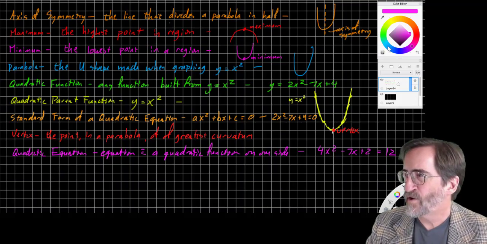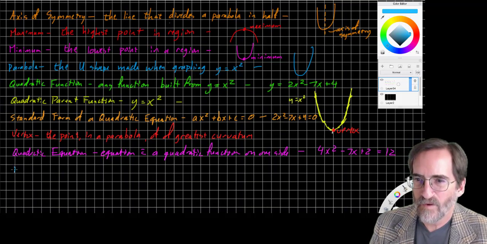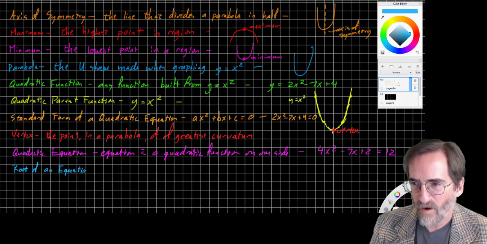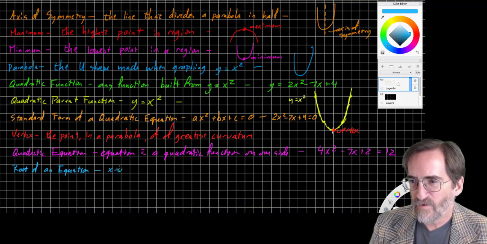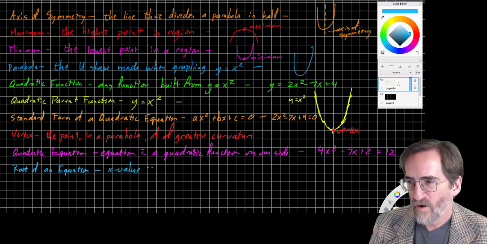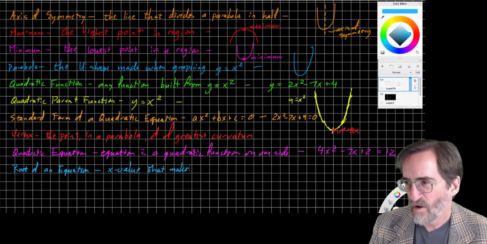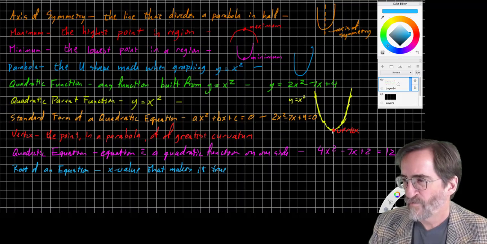Root of an equation. X value that makes the equation true. We need an equation, not a function.